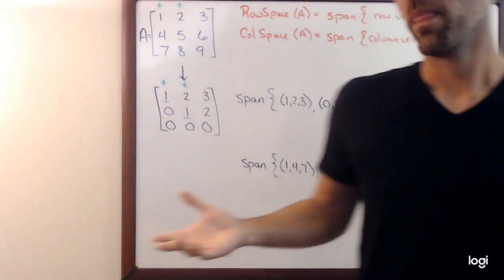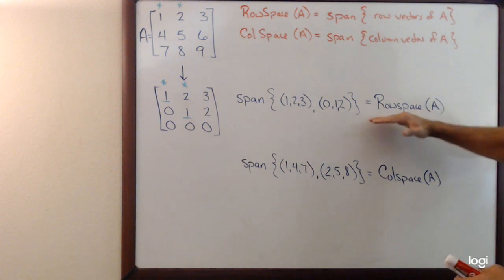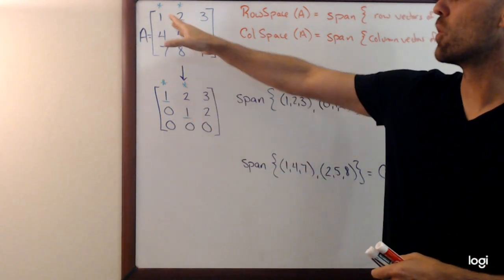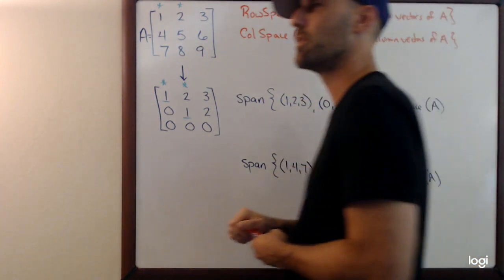We're in row echelon form. You can take the non-zero rows, they span the row space. Find out where your lead ones are. Take the corresponding columns from the original matrix. There's your basis for your column space.